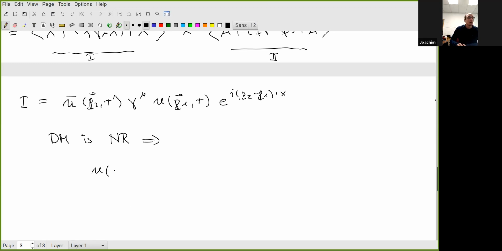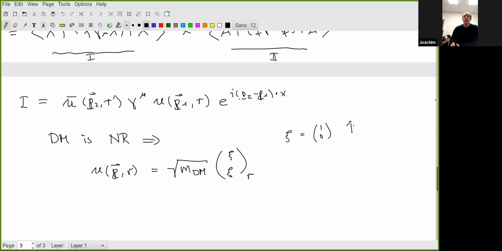So we write that u of p, r is just a normalization factor, which is the square root of the mass of the dark matter, times a Dirac four-component spinor. r is just the index of the spinor. Xi is just, if you choose an axis, then xi equals (1, 0), which just means spin up along, let's say, z direction, and xi equals (0, 1) means spin down along z direction. So that's just the non-relativistic Pauli spinor that you know from quantum mechanics.